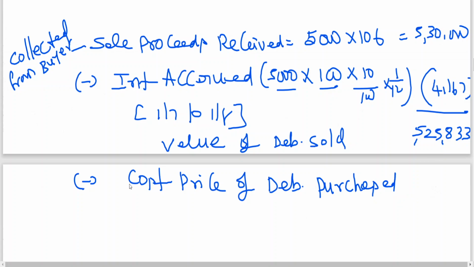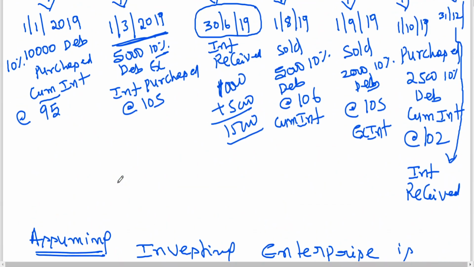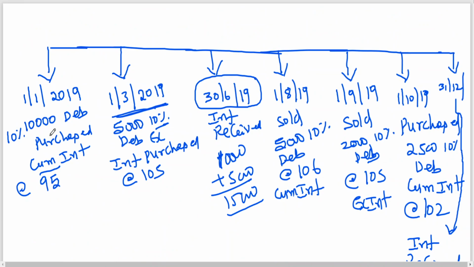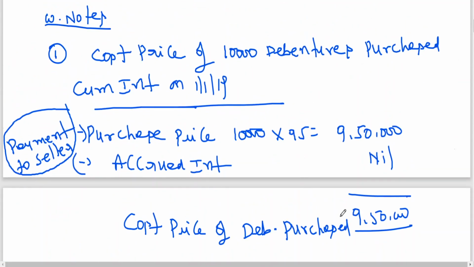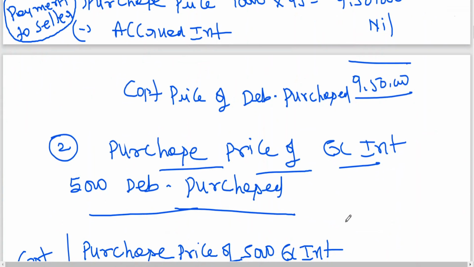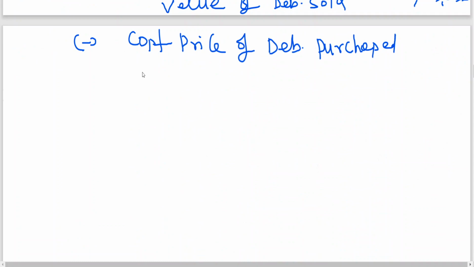Now cost price of debentures purchased. You have to calculate by following FIFO. How to calculate by the FIFO method? A simple logic: FIFO means first in first out. When you are selling 5,000, you first start using this lot, no? From this you will be selling. So we want to find out the cost price. We already calculated the cost price of debentures purchased: 9,50,000 is for 10,000 debentures.